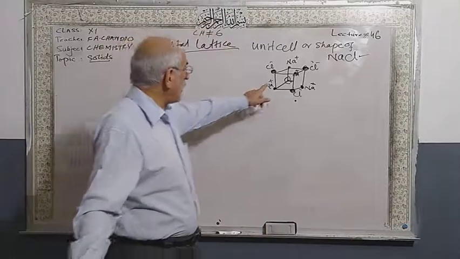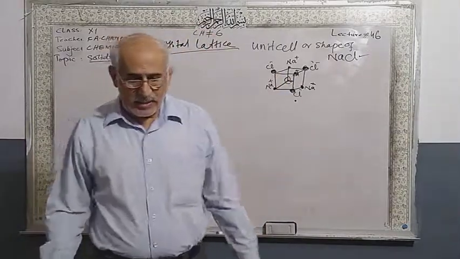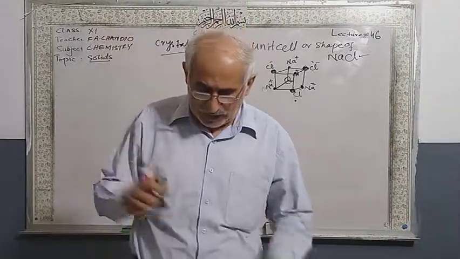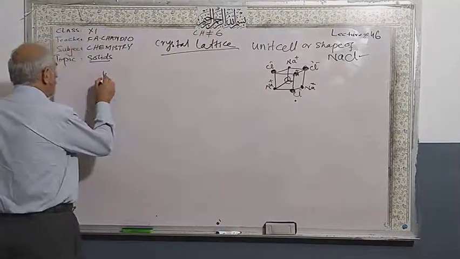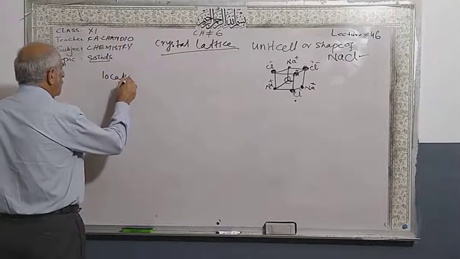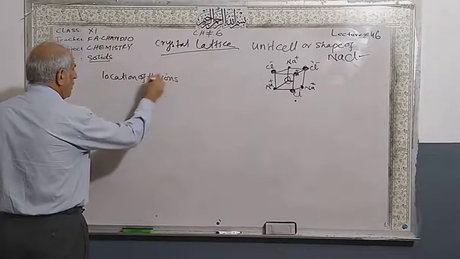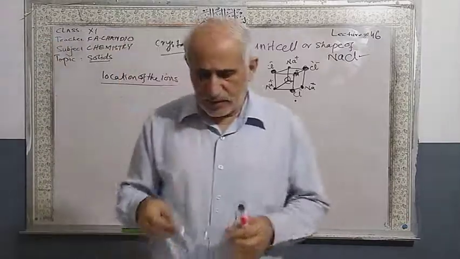These are the locations of the ions. The point number 1 is called the location of the ions.